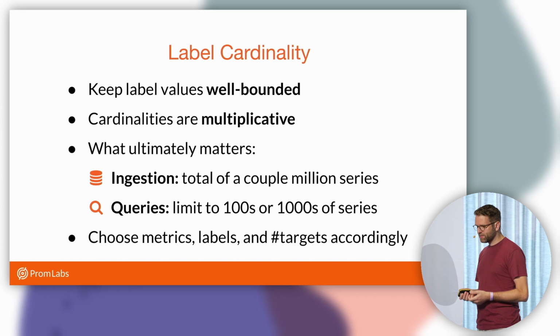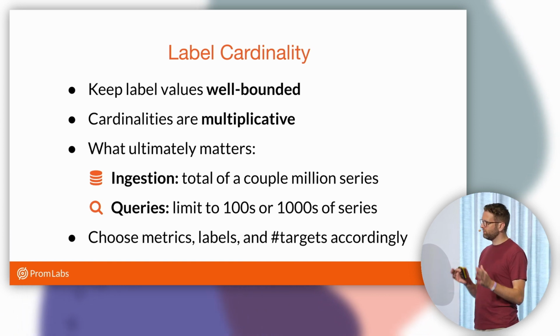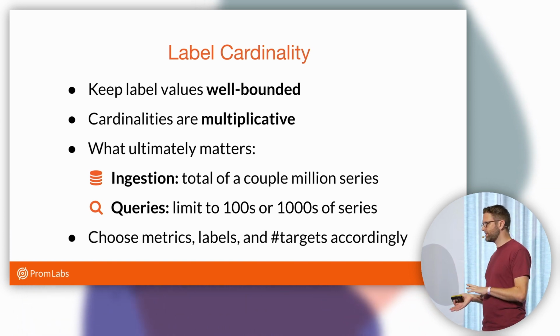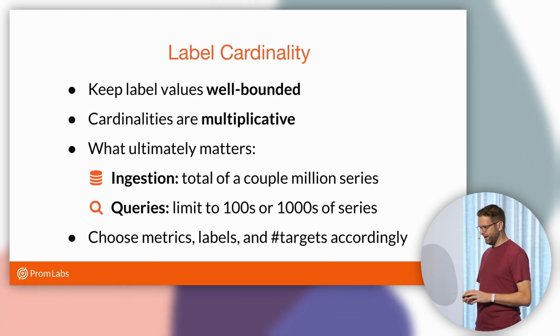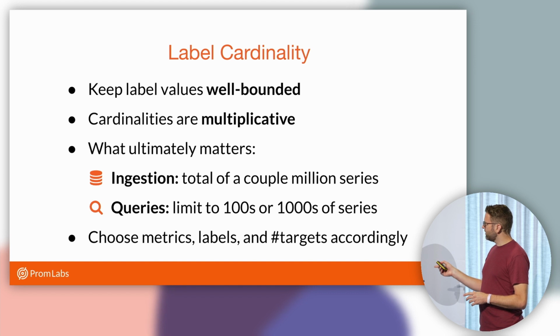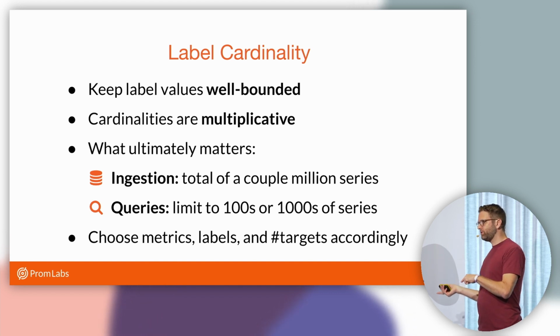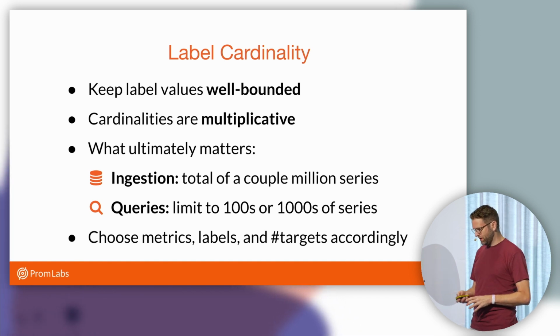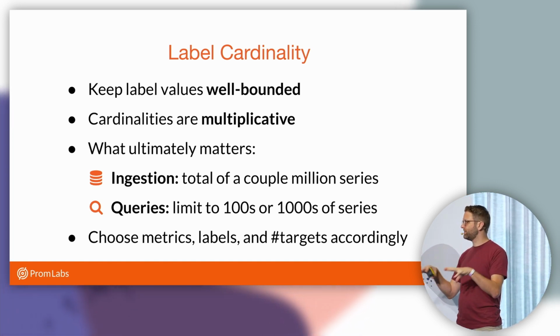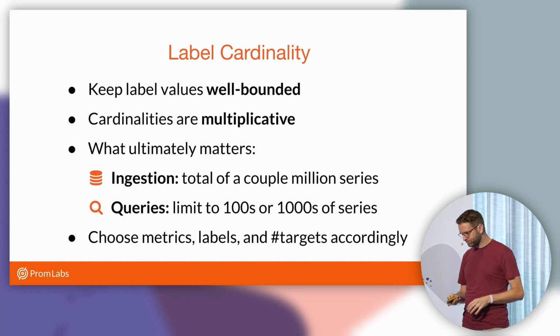So keeping all the time series within one metric name to normally a couple of hundreds, to sometimes thousands, and very rarely a couple of tens of thousands is probably a good idea. So choose your metrics, the labels on those metrics, and then the number of targets that expose these metrics accordingly to stay under these two budgets.